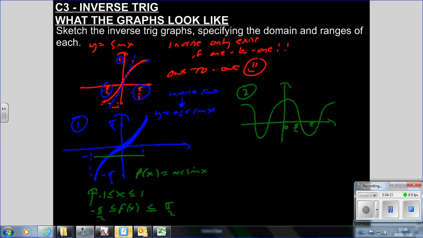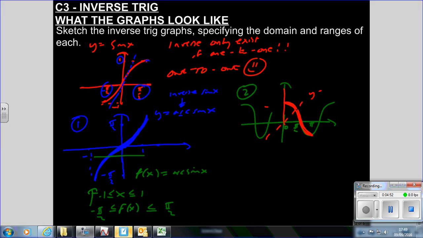This one, for cos, I would have to restrict it. I could restrict it anywhere, really, because these things go on for infinity, but convention is to take the first positive branch. So this is the first positive branch here, where we don't cross over, because the moment I go over that turning point, I've got a many to one, because I've got two values of x giving me the same y value. So this is the bit I care about.